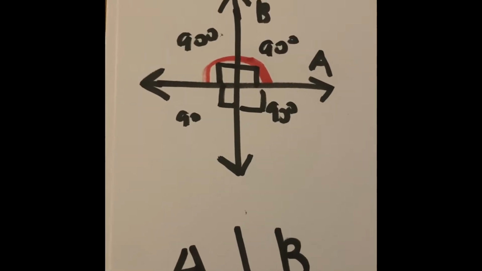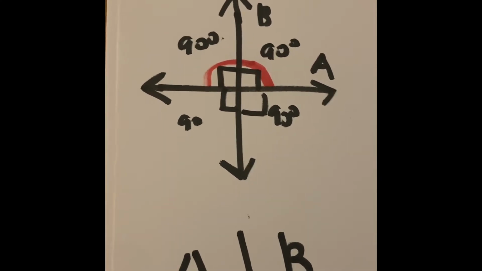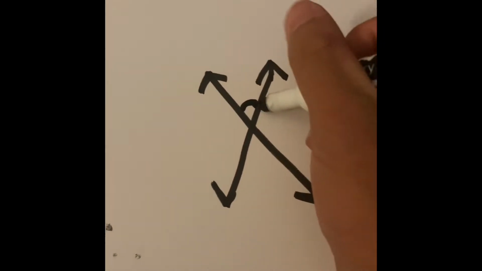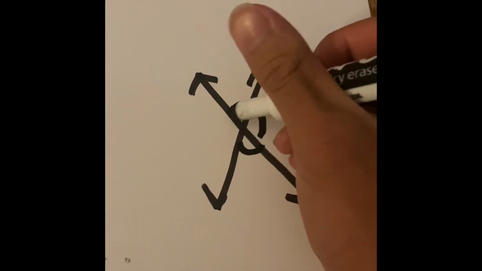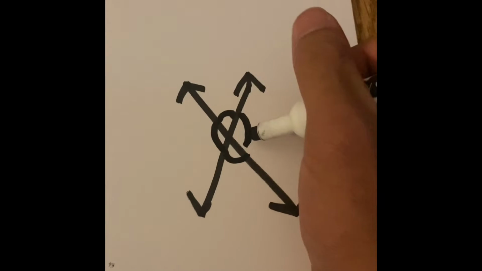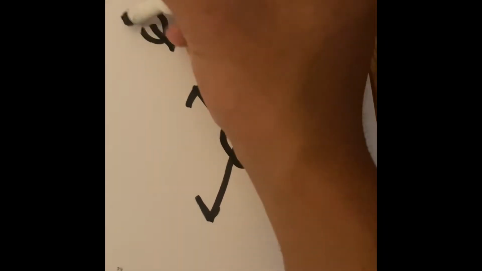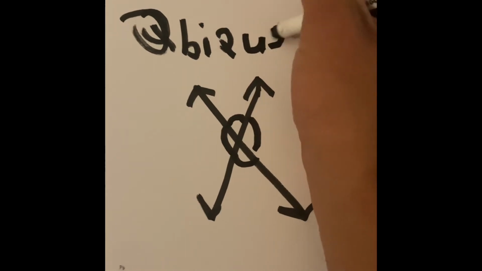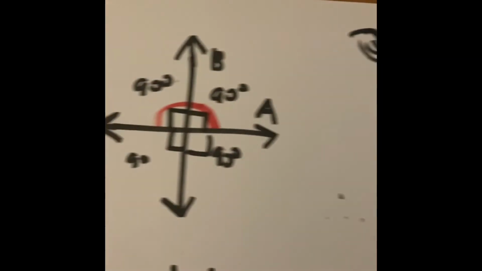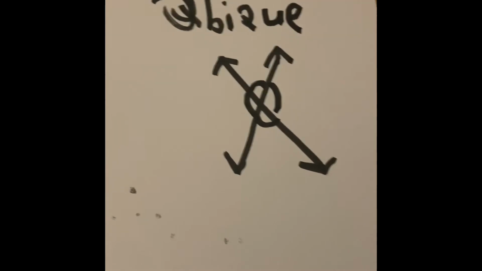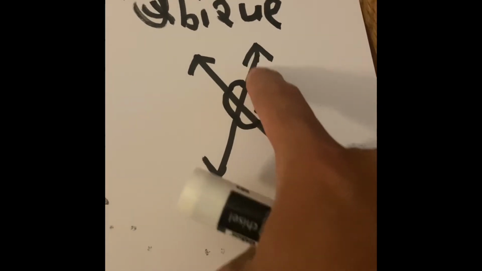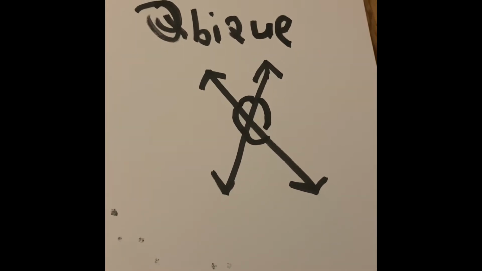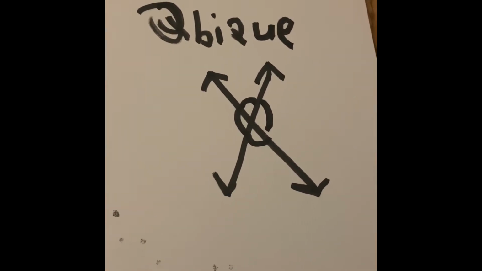Here's an example where it would not work. These are not 90 degrees, so we can say that these are called oblique lines. They try to be perpendicular lines, but oblique lines are basically lines that have more width between them, and they're more obtuse and sometimes more acute.